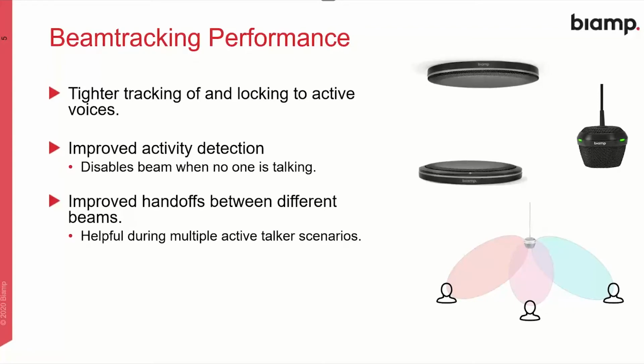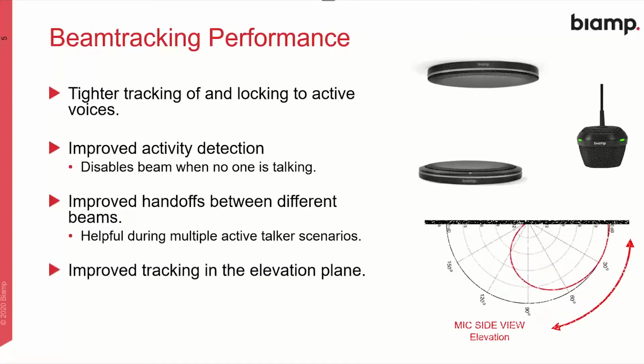Also, we've got improved handoffs between the different beams. So if you have multiple talkers around an array or a pendant, it hands off between those beams more smoothly. This is helpful when you have multiple talker scenarios.